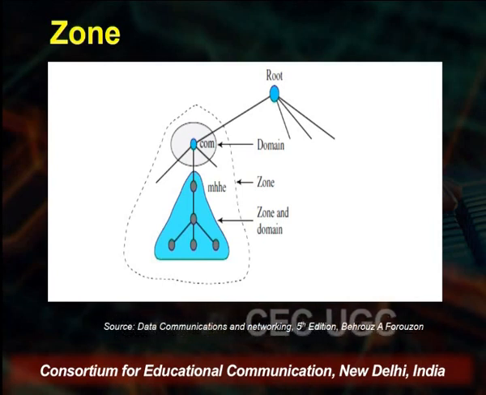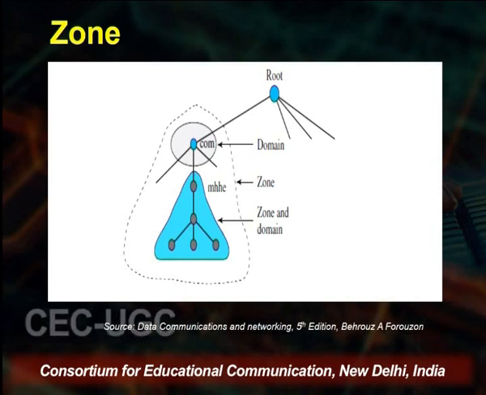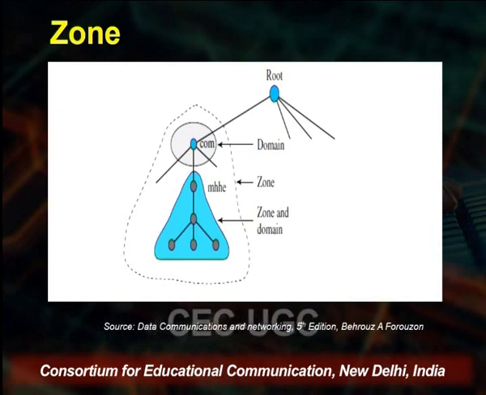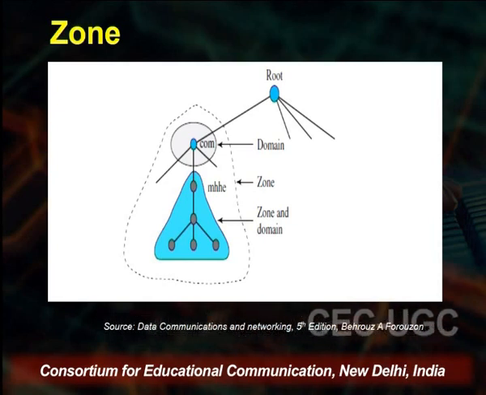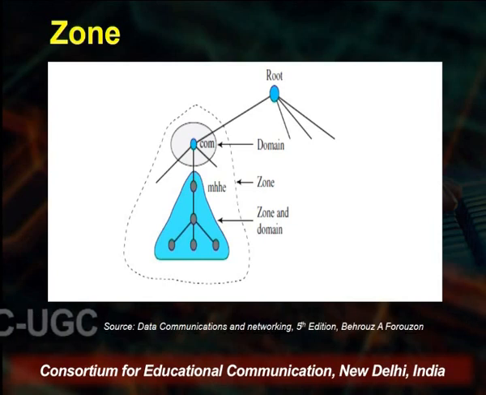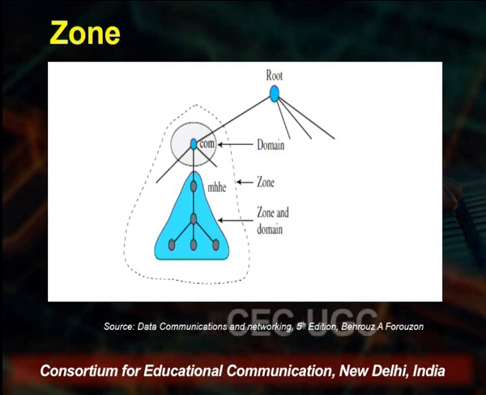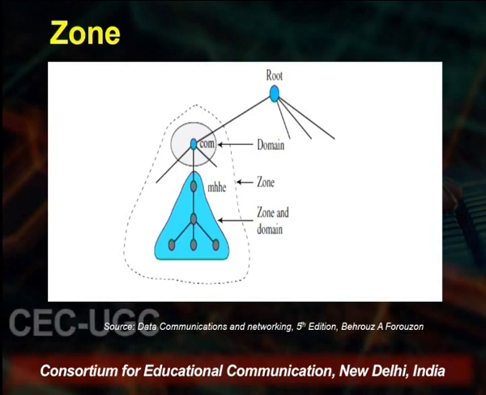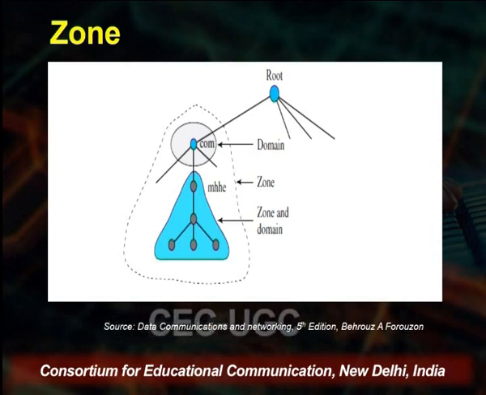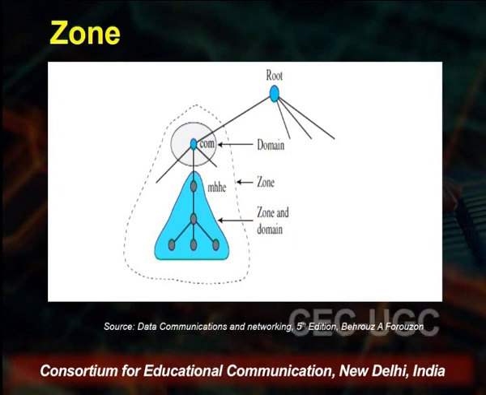The lower blue triangle we see is a server whose zone and domain are the same, but the zone and domain of the com server are definitely different. Its domain is smaller, the zone can be bigger, but in the other case the domain and zone are the same, because it is not further subdividing its responsibility, or the database which it is going to maintain.